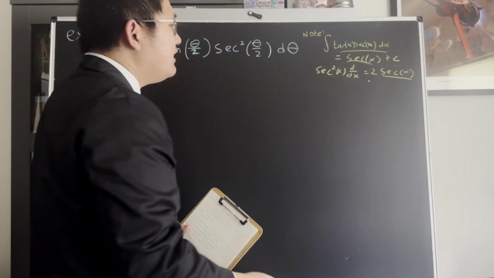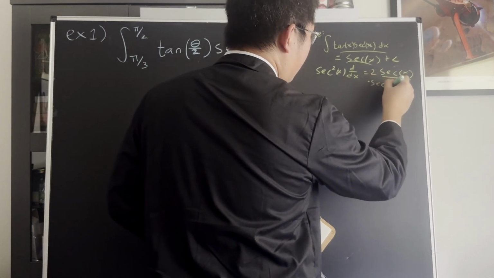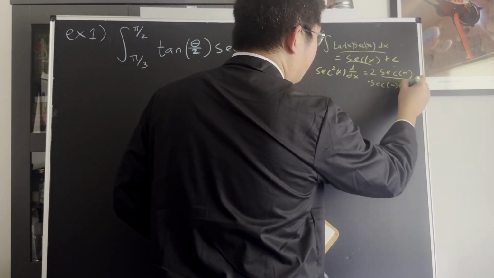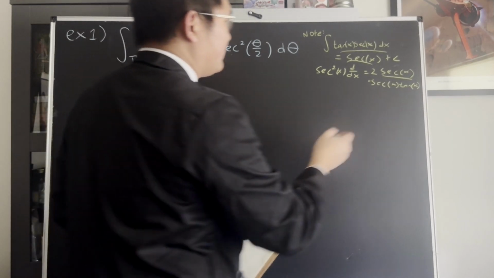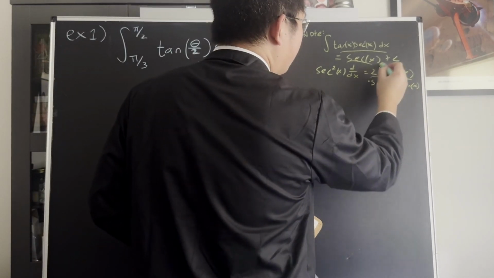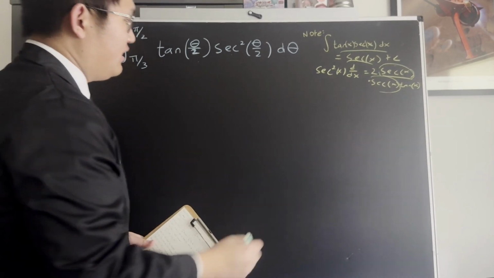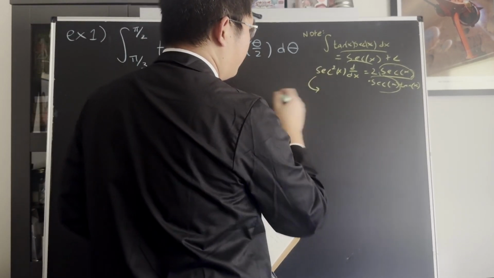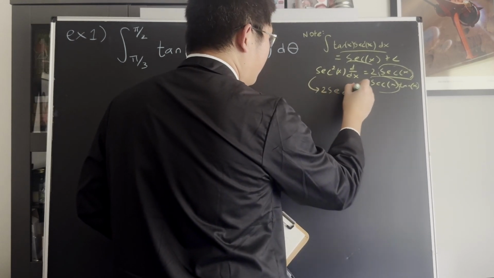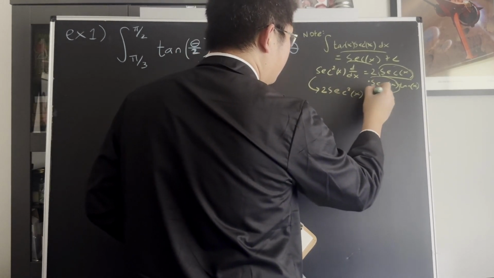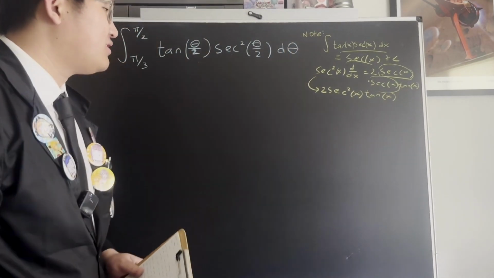The derivative of secant of x is secant times tangent of x. We've grouped it all together, since they're all being multiplied, which cleans up to 2 times the secant squared of x times tangent of x. Okay, so not so bad.